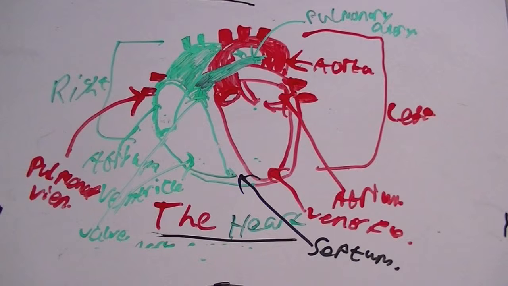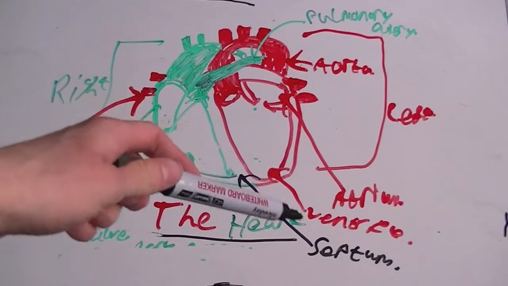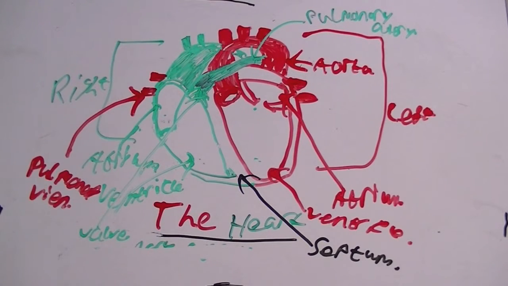Now, lastly, before I rub this out and explain to you the order which the blood goes through in the heart, I'm going to explain to you why this side, so the left side, is bigger than the right side.